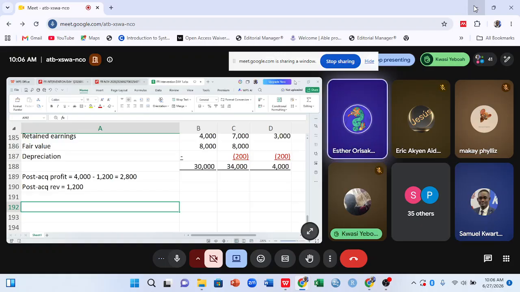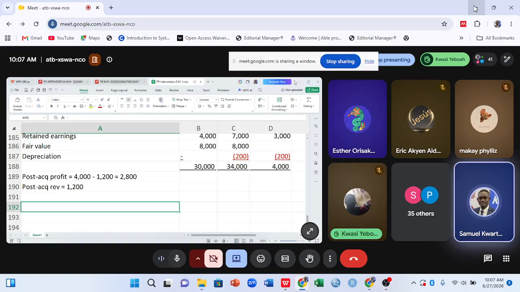Esther, your hand was up. Please, I want to confirm the acquisition date retained earnings. You mentioned after you take the reporting date and then you subtract the profit for the year. I was thinking the acquisition date shouldn't it be where the question is actually the profit for the previous year?